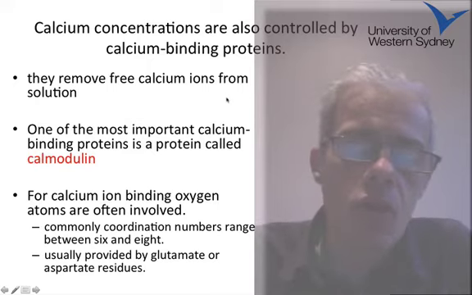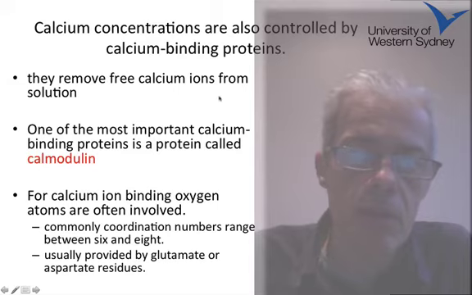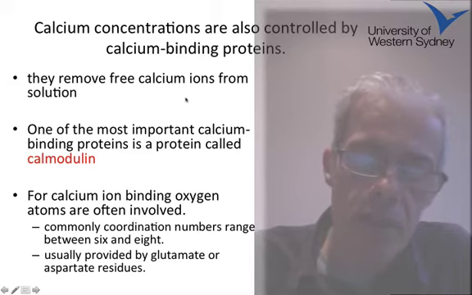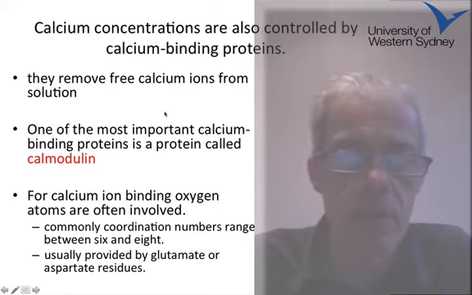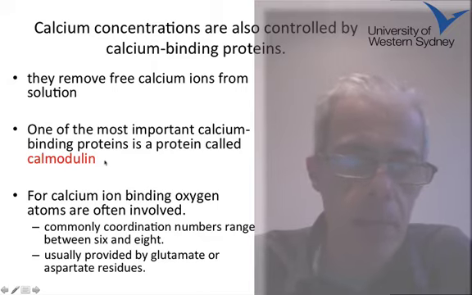So, as well as storing calcium ions in organelles and pumping them in and out of cells, they can also bind to proteins within the cytosol, which also sequesters the calcium ions. And we're going to look at calmodulin as an example of a calcium binding protein.